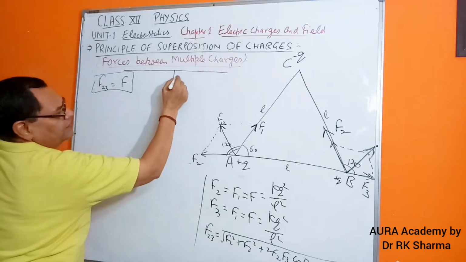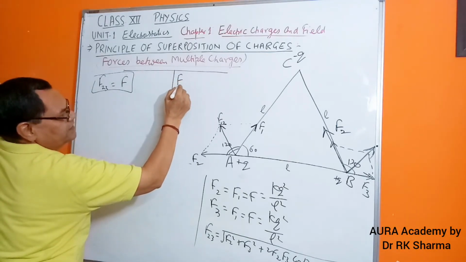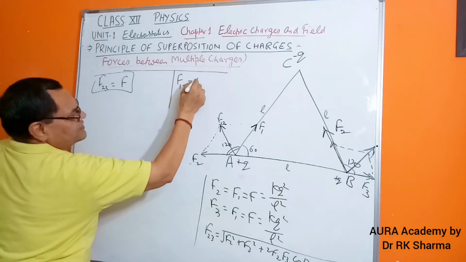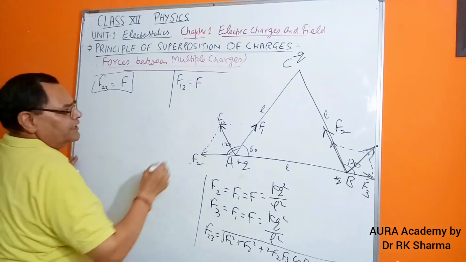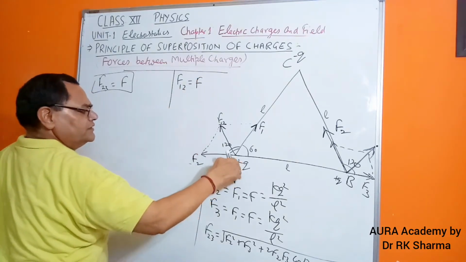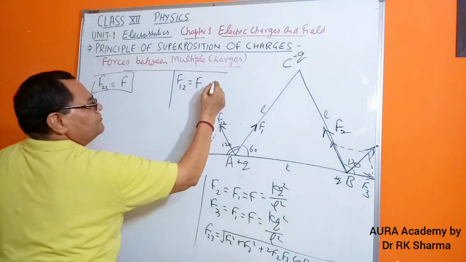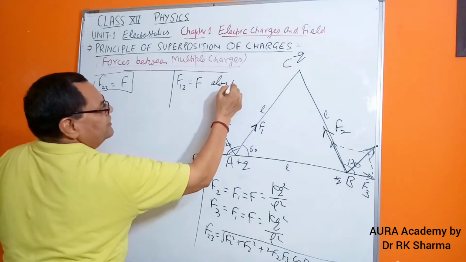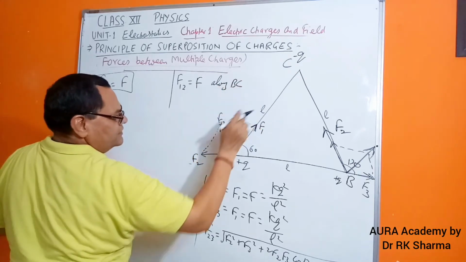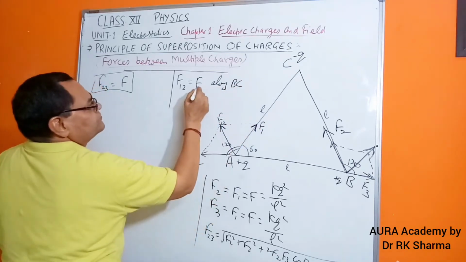We were supposed to write the direction as well, though F2 was coming as F, and the direction was nothing but this, which is parallel to BC.